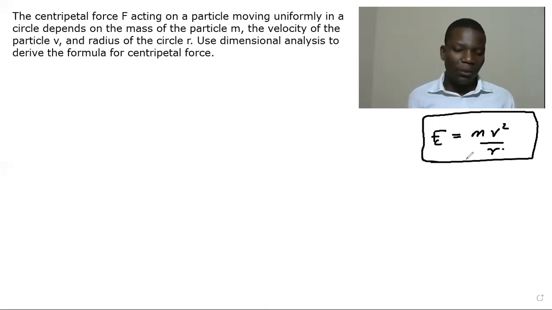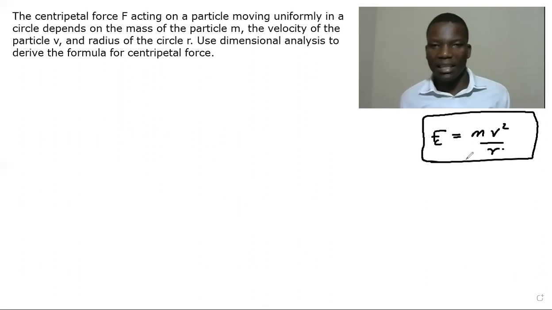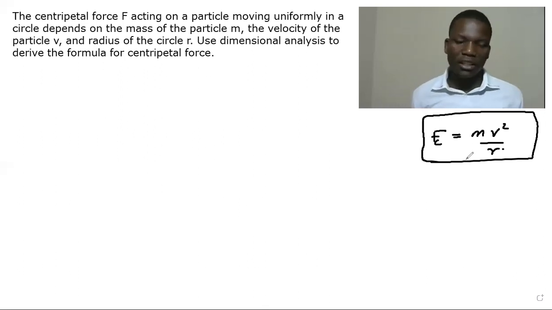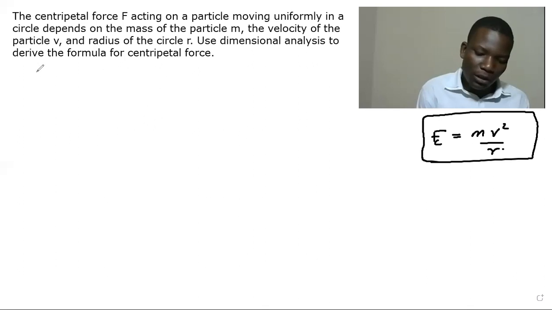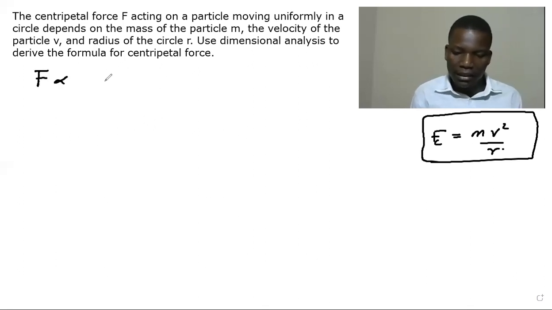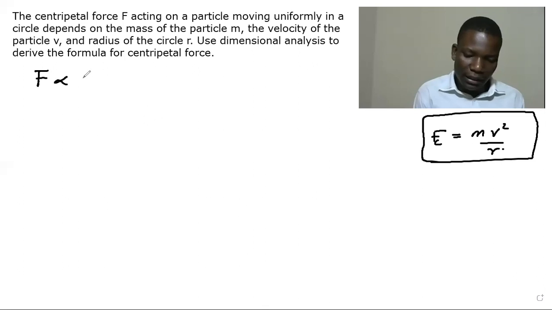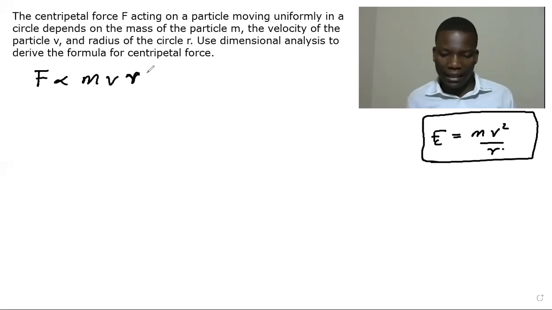So now what we do, first we write the expression, the variation, and we say force varies, depends on the mass, the velocity, and the radius R. We don't know if these factors M, V, and R have certain indices, certain powers.